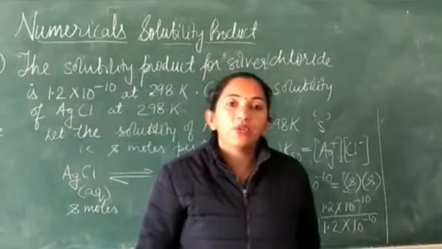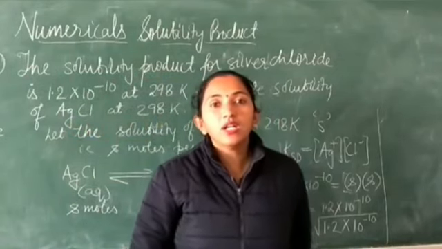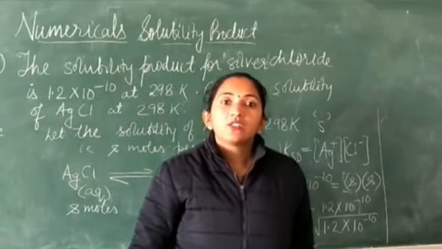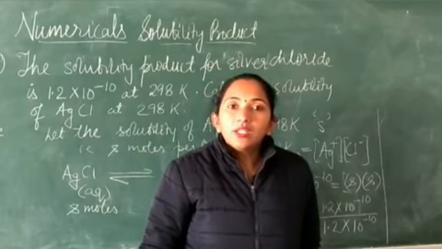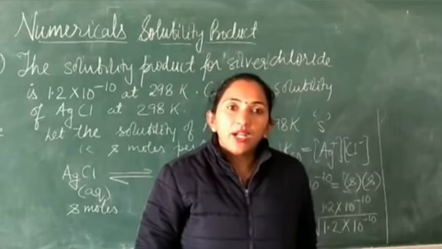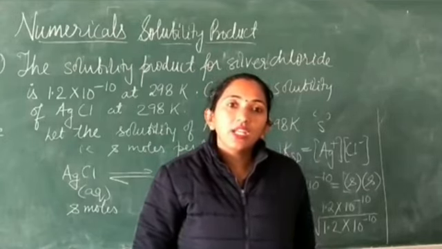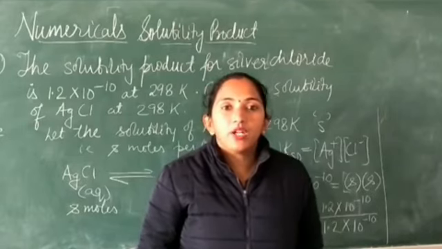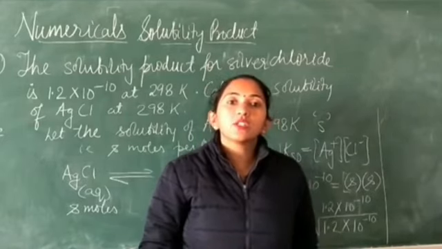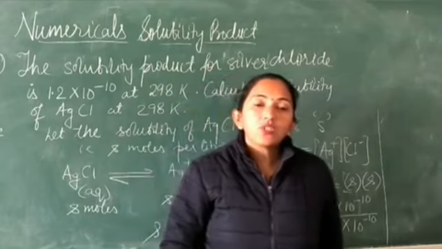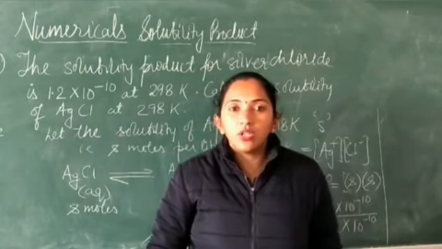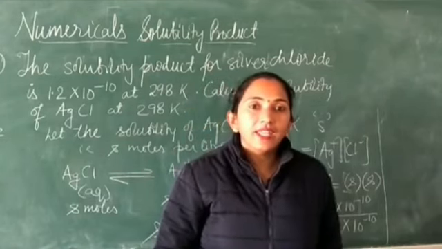Either you have to find out the KSP or you have to find out the solubility. One more thing is there. We have got the ionic product of a salt and we have got the solubility product of a salt. So how are we going to distinguish between the two? The ionic product of a salt is at any concentration.